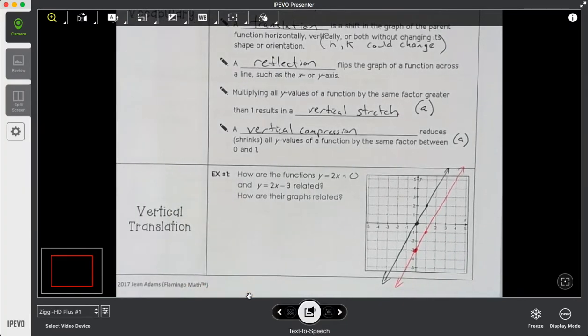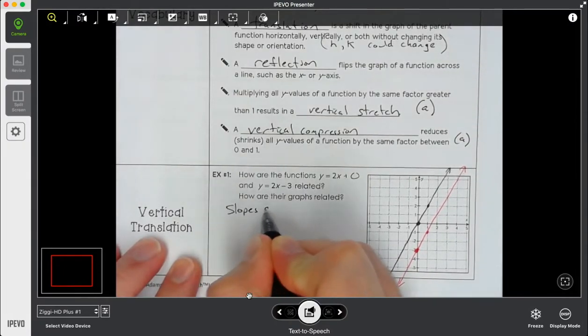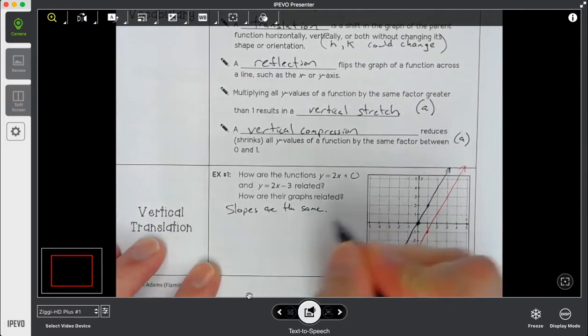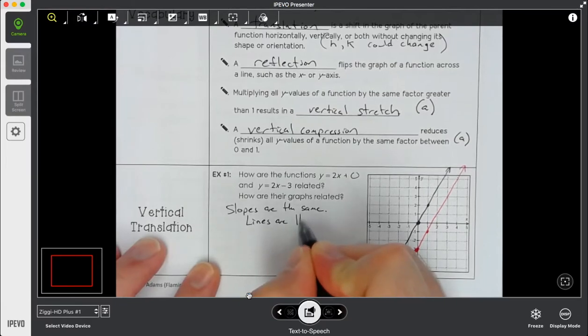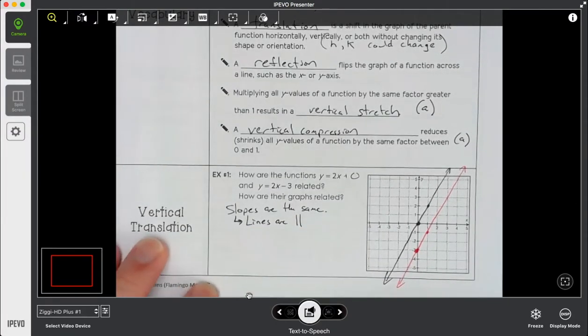One of the things that we can notice, both from the graphs and the algebra, is that the slopes are the same. And that means the lines are parallel. Remember that the two lines next to each other like that is the symbol for parallel. So slopes are the same, means lines are parallel.